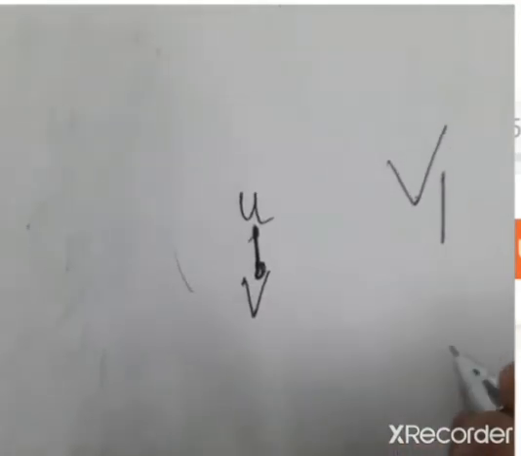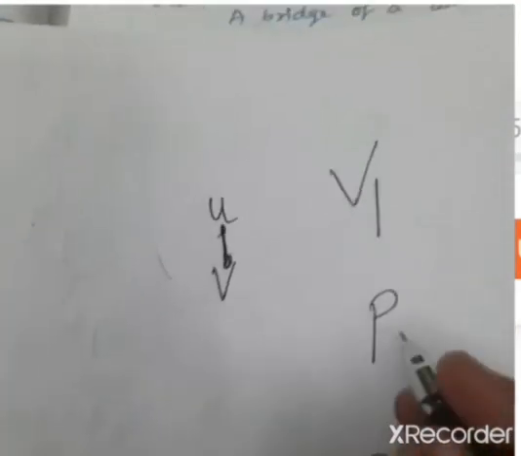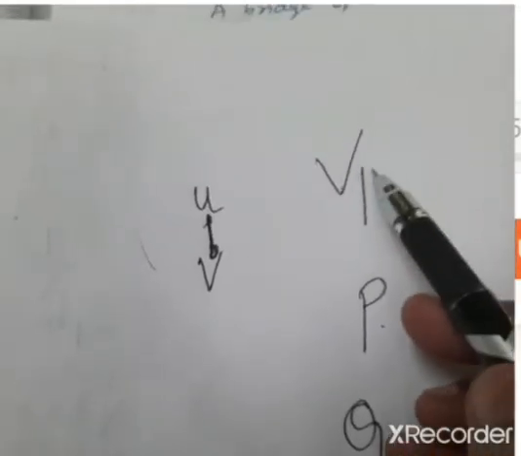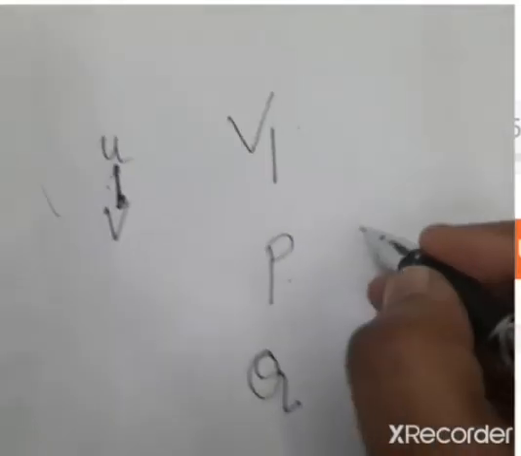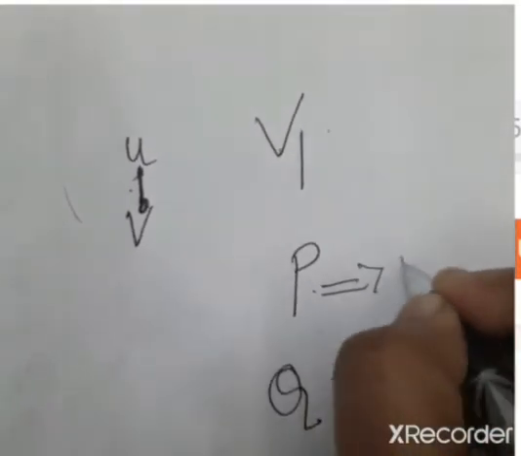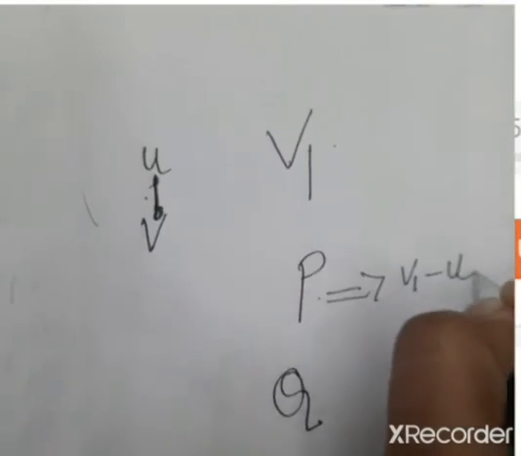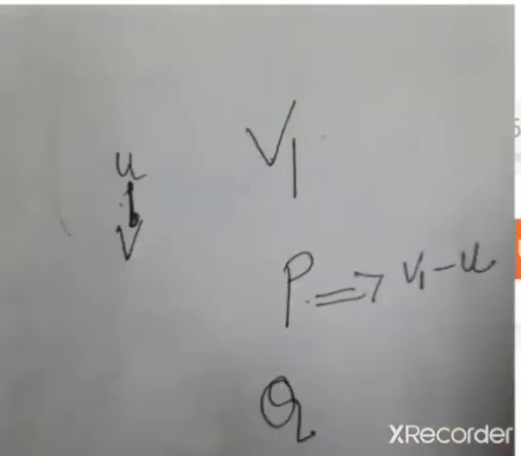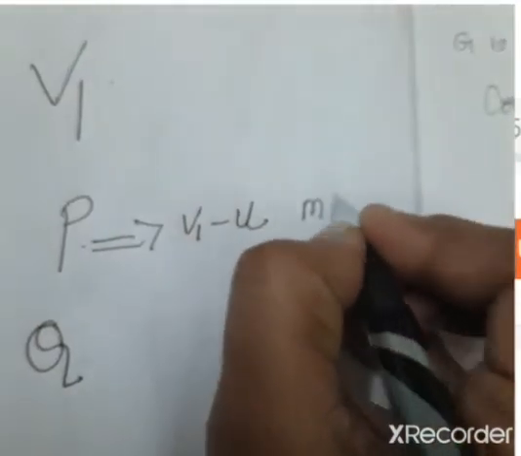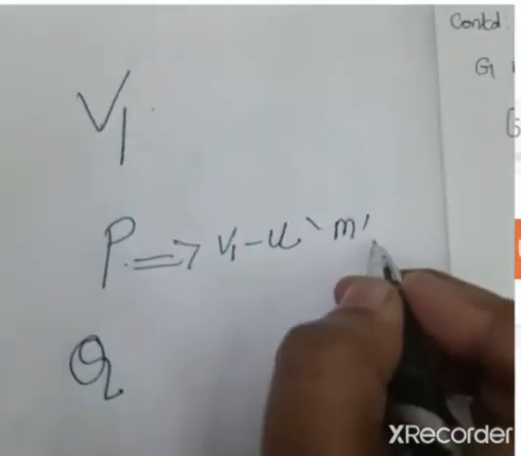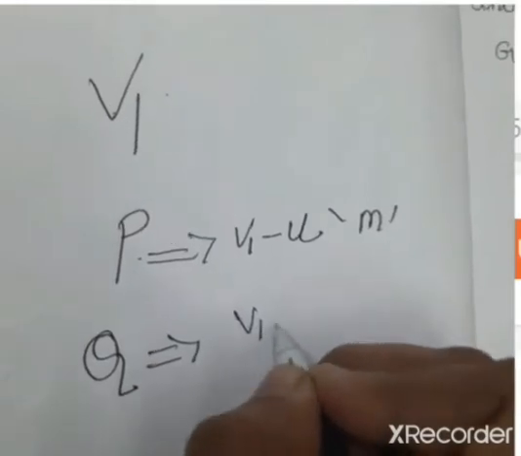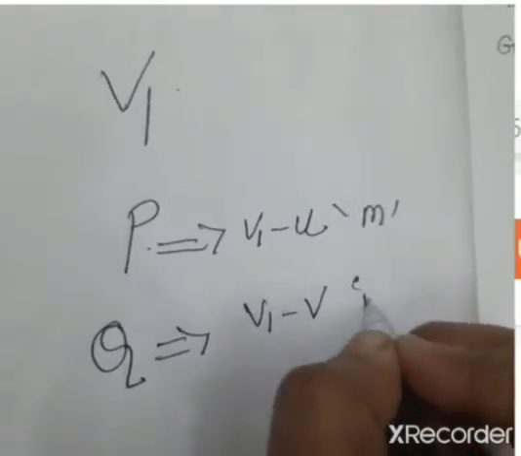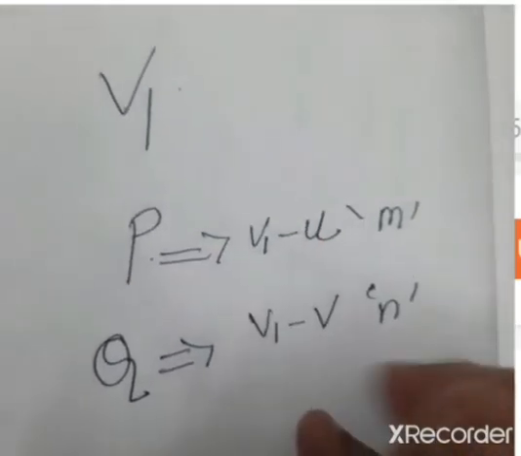So let us say there exists a shortest path, say P and Q, in the vertex subset V1 for the respective figure, such that P is the shortest path from V1 to U, whose length is the value m. Shortest path length is m. Likewise, Q is the shortest path from V1 to V, whose length is n. This is always possible.